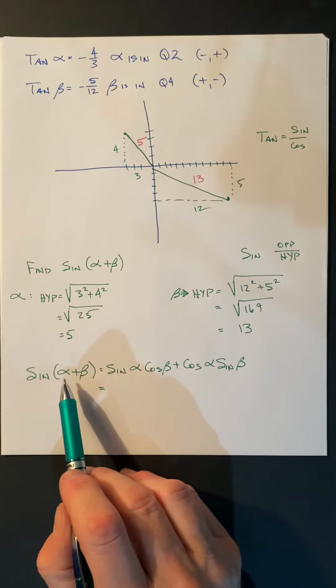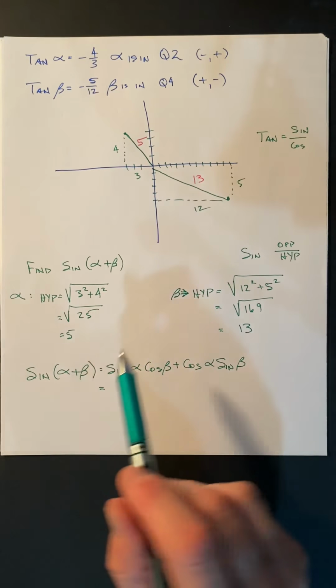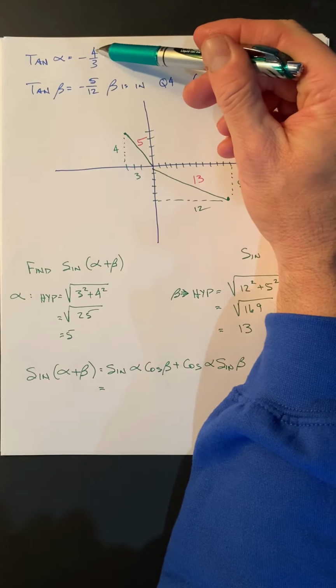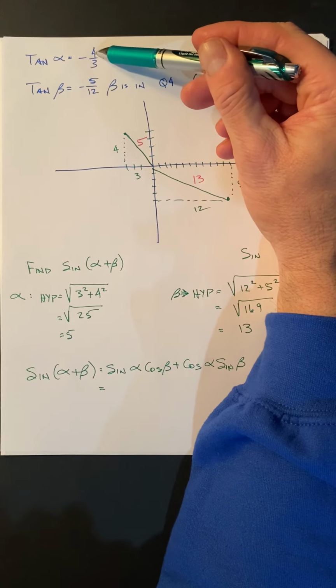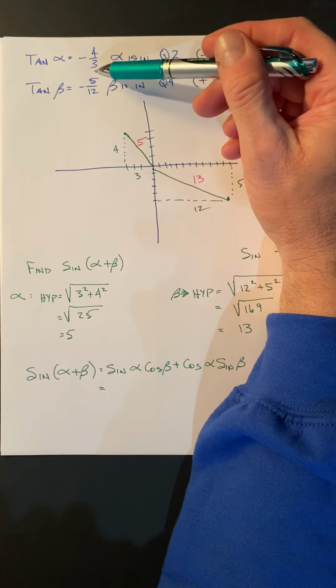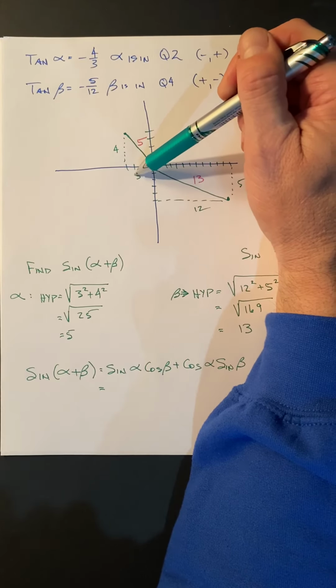Well, what is the sine of alpha, okay? So here is opposite over adjacent, okay, for this guy. And when I look at him, this was the cosine was negative, wasn't it? Not the sine.